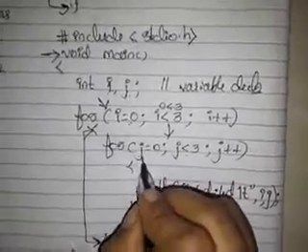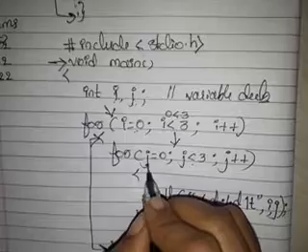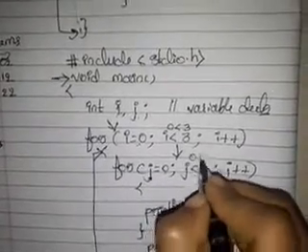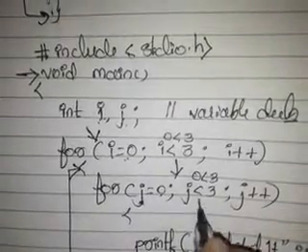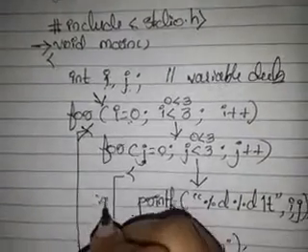What is the first statement to be executed? The for loop is there. The first statement to be executed is expression 1, that is nothing but j is equal to 0. 0 less than 3, true or false? Yes, it is true. As it is true, it will come inside. This is the body of the inner for.